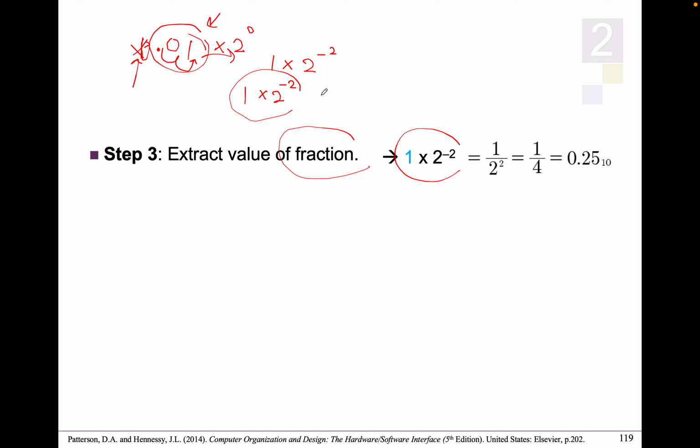You get 0.25. If you don't know this step, please check back your digital logic subject on how to convert binary to decimal floating point and what methods you need to apply.